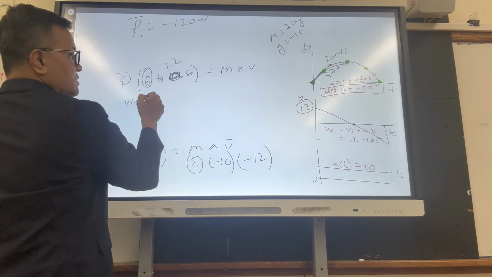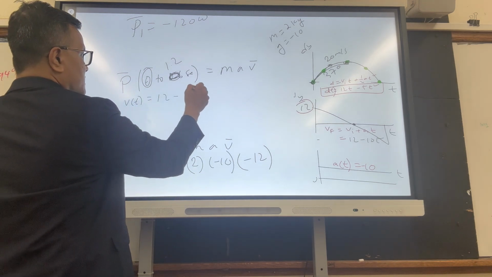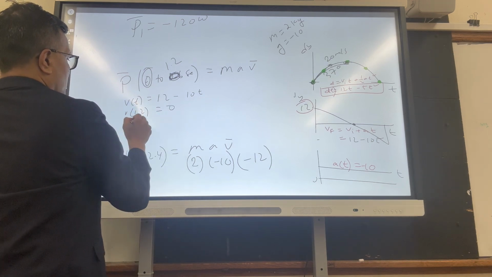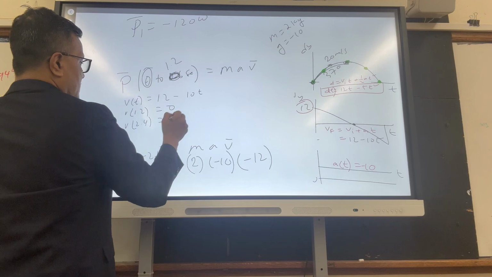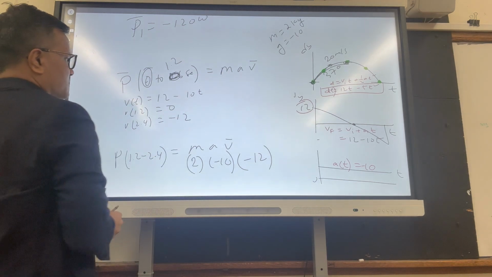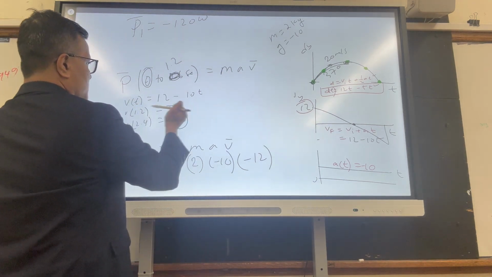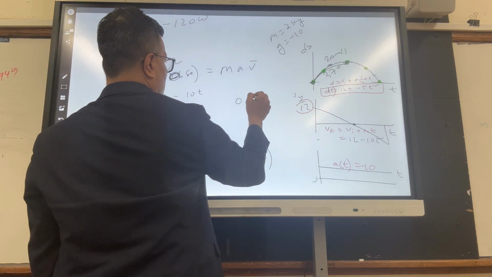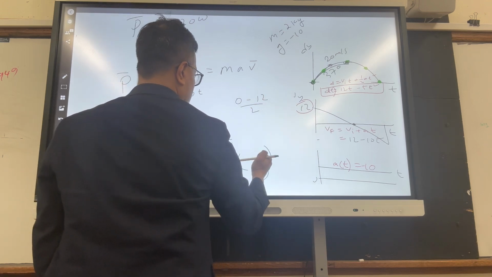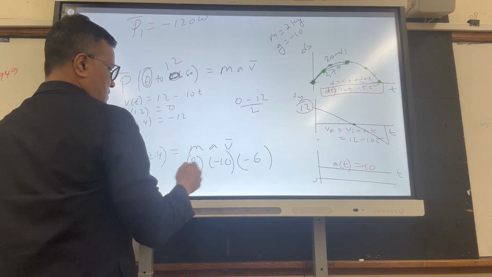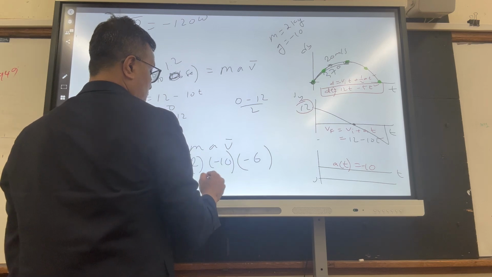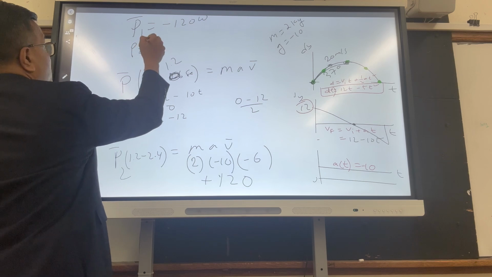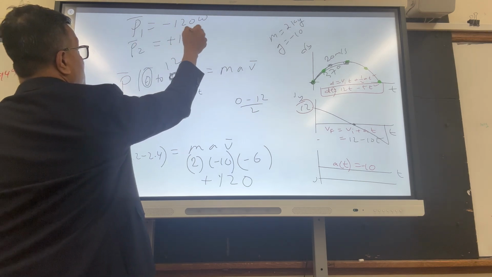V of t is equal to 12 minus 10t, so V of 1.2 is 0 and V of 2.4 is negative 12. So 0 minus 12 divided by 2 is negative 6. Negative 10 times negative 6 times 2 gives positive 120. So P2 is positive 120 watts.